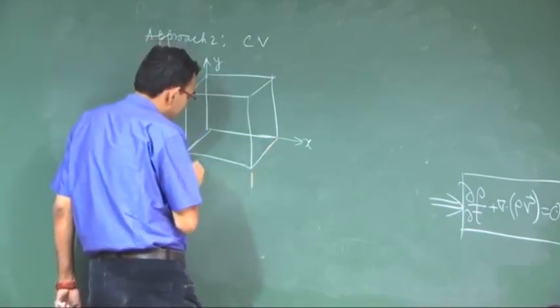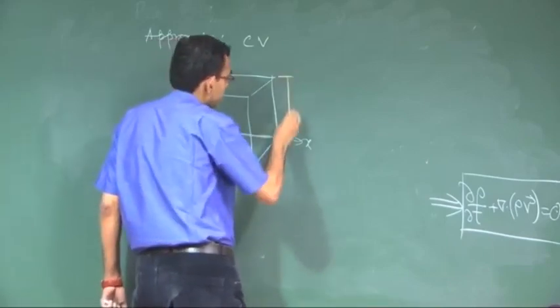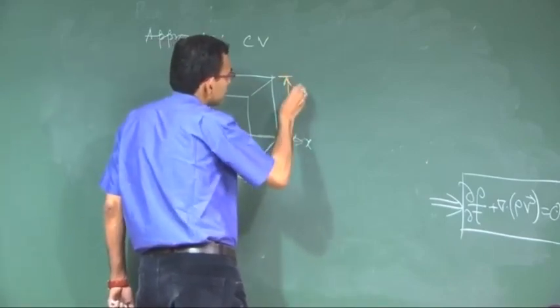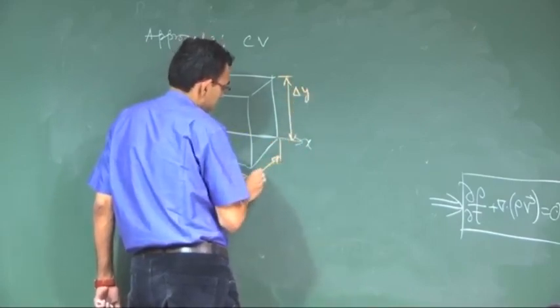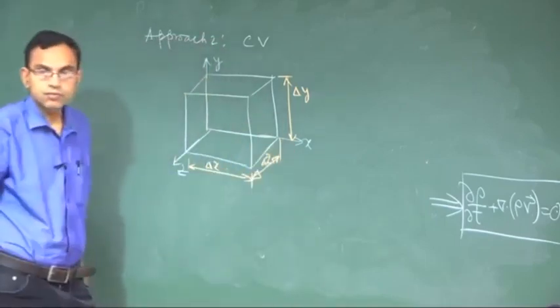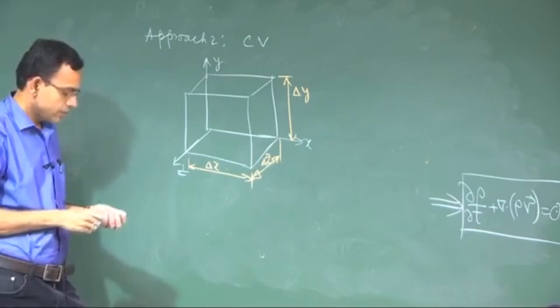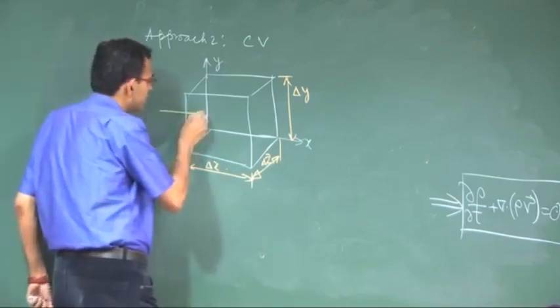Again, this box has dimensions of delta x. So what we will write is simply an expression of mass conservation for this.